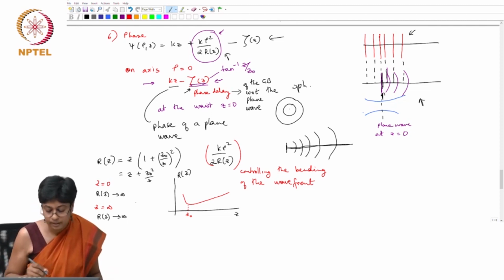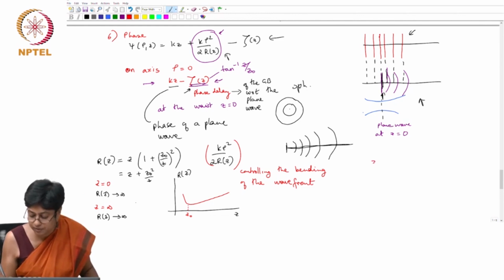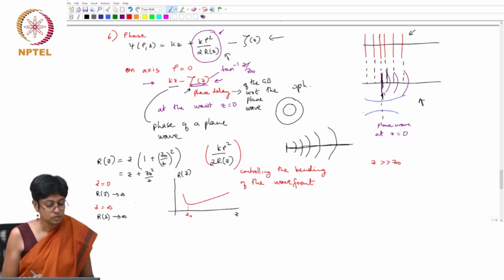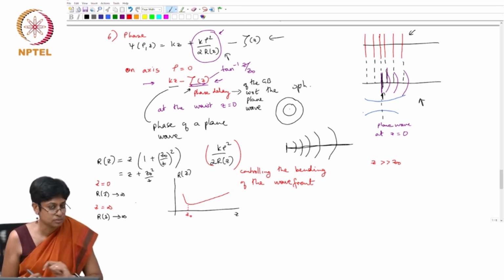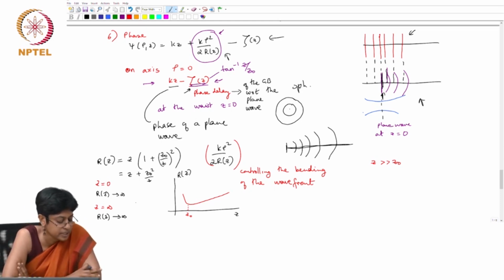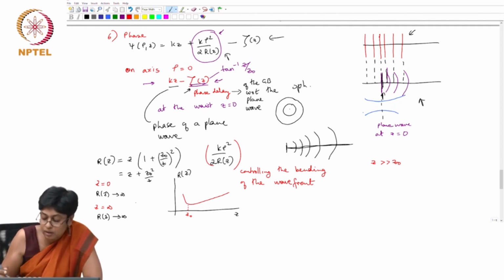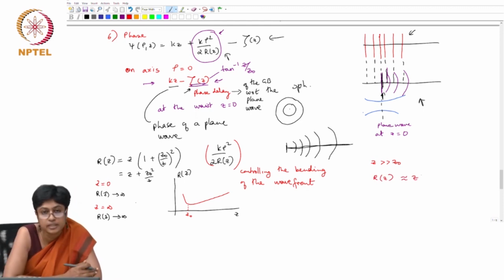In fact, if I look at this expression, if I take z greater than z naught, not infinite, but greater than z naught, how does this term reduce? R of z would reduce back down to just z, right?